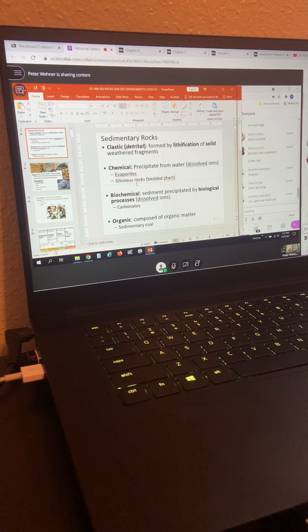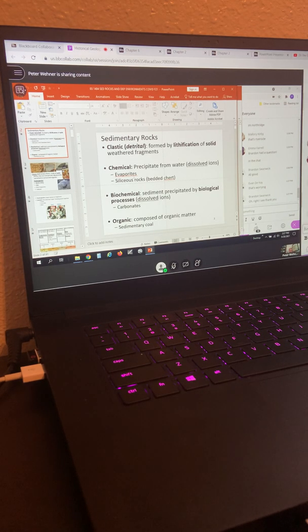And the logic here is these names for these terms are much more reflective on how they form. Chemical, we have crystals precipitating from water. That could either be by the water evaporating, leading to precipitation, or organisms extracting ions from the water and making their shells. That's biochemical. But note, the term precipitate is in both of these.